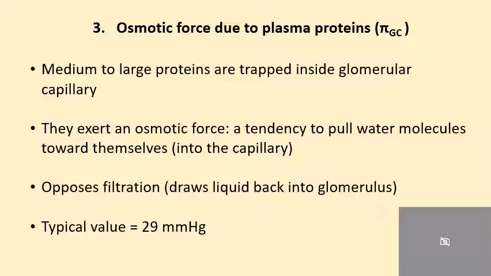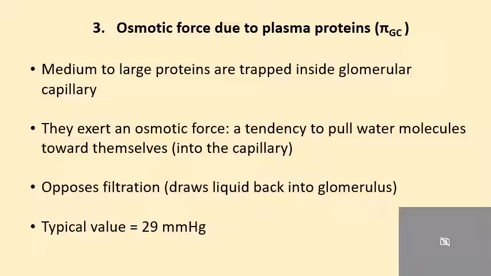So the osmotic force due to plasma proteins, in your textbook, is abbreviated by the pi symbol sub GC. Osmotic force, sometimes called oncotic pressure, is often represented using the symbol pi.